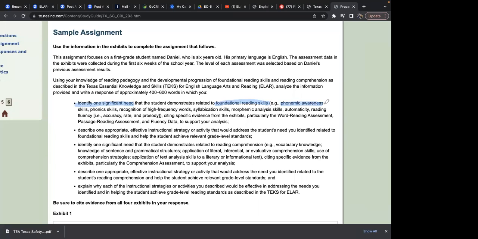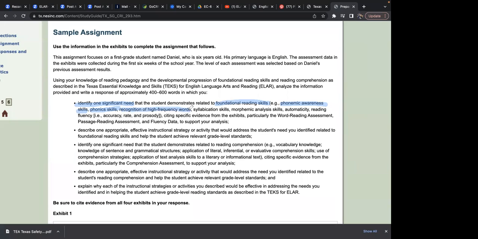So phonemic awareness skills, you need to have an activity for phonemic awareness. We just looked up one for phonetic skills, didn't we? The game on the wall where they go and put the words was a phonetic skill game.